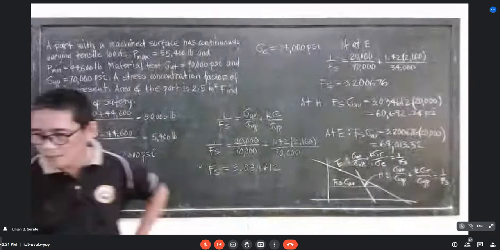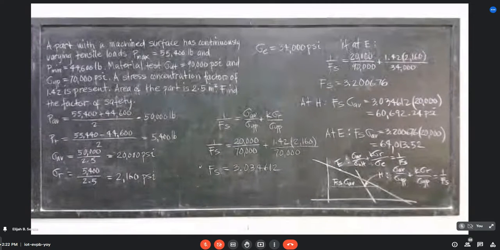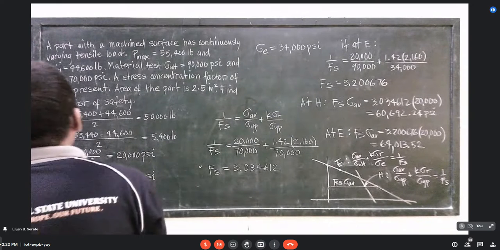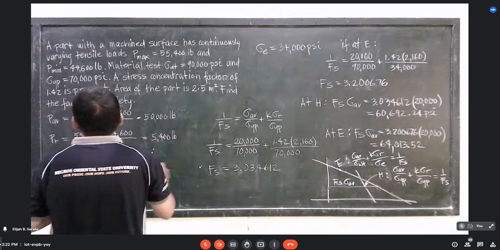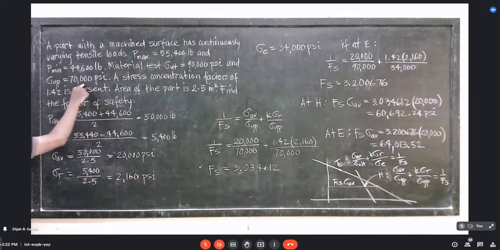Is there an endurance here? The yield point is 34,000 still. Actually, the yield point is given, right? These are the same problem. So this yield point, convert it into megapascals. Do you follow?